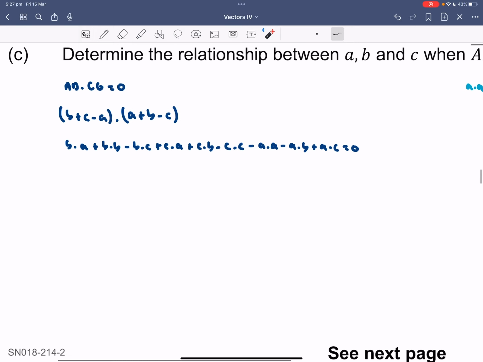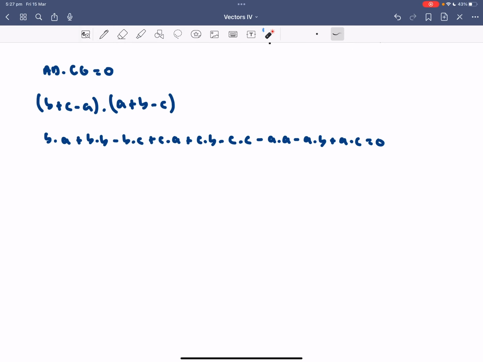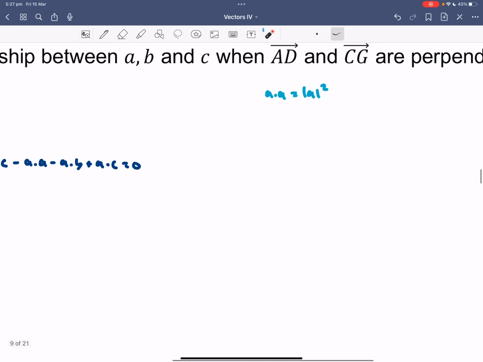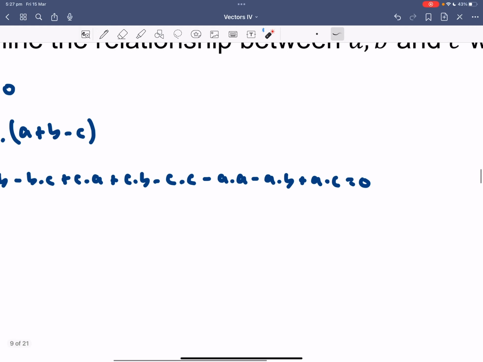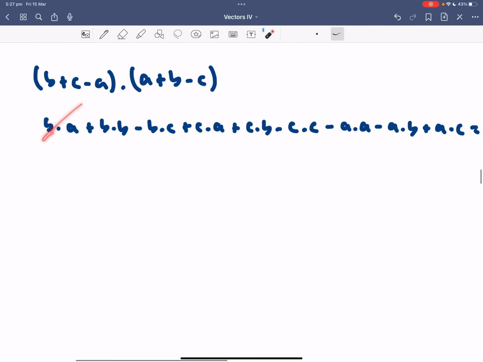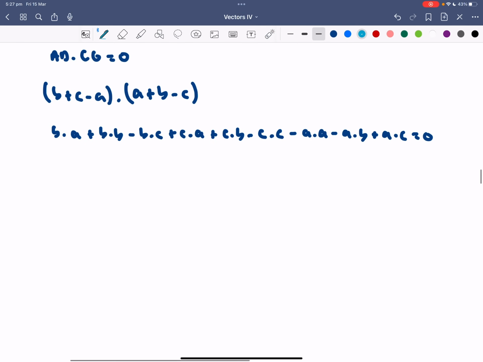And we also have a few things that are convenient. From year 11, you should remember that A dot B is the same as B dot A, which is different to the cross product. Technically, A cross B is negative B cross A, but A dot B is the same as B dot A. So B dot A and A dot B cross out.